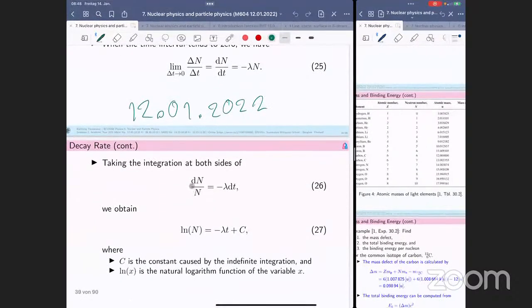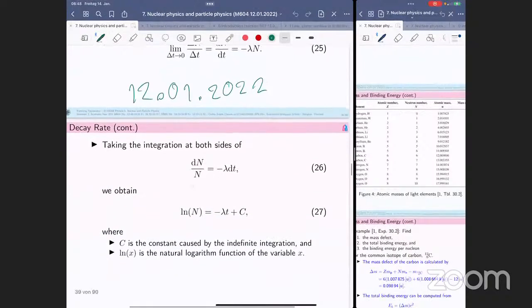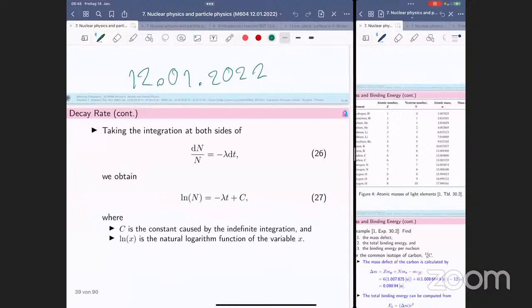The way to solve this equation is that, because this is the differential equation, you take the integral. You know the integral symbol, right? This is the integral symbol. You just put this into both sides of equation 26.